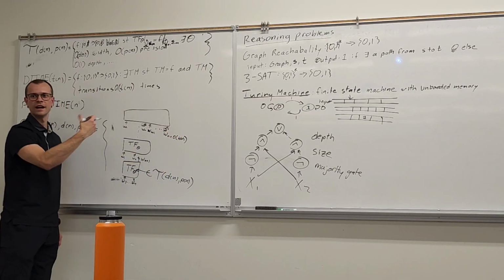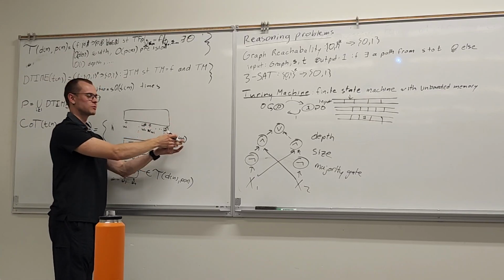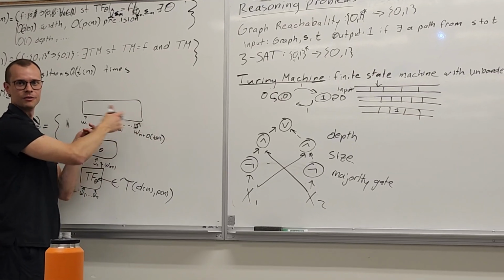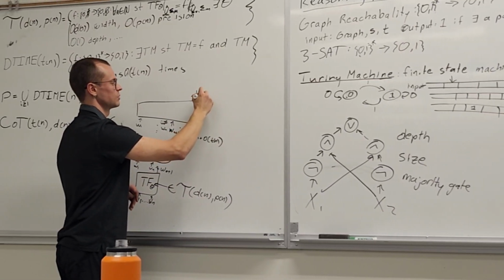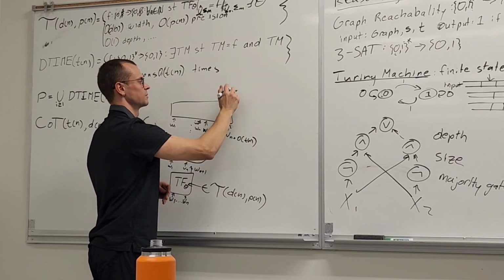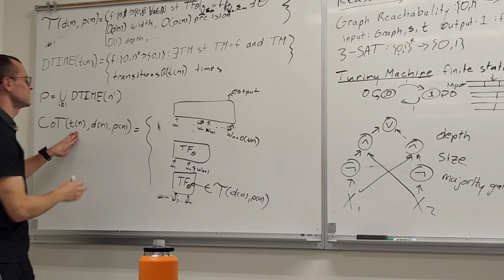So if t of n is n, then you can allow another amount of autoregressive steps, the same size as the input size. And then the final thing is going to be your output. Okay, so this is how this t of n is going to interact.